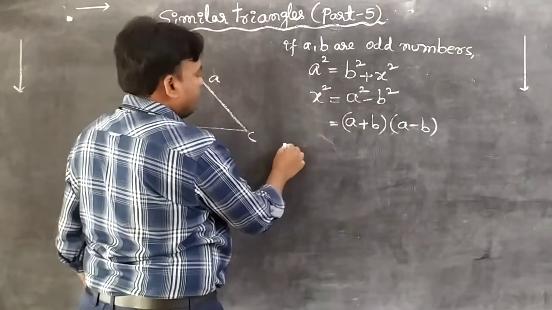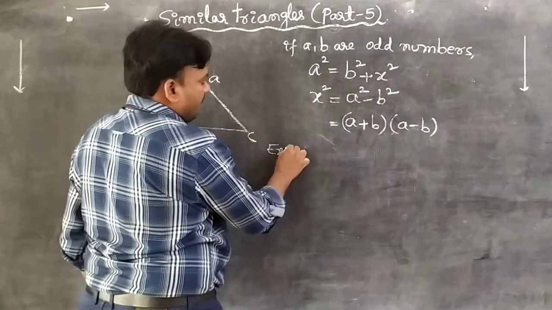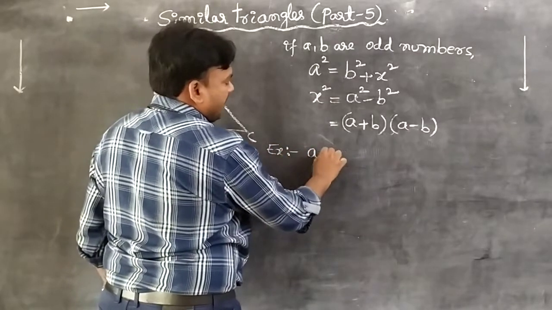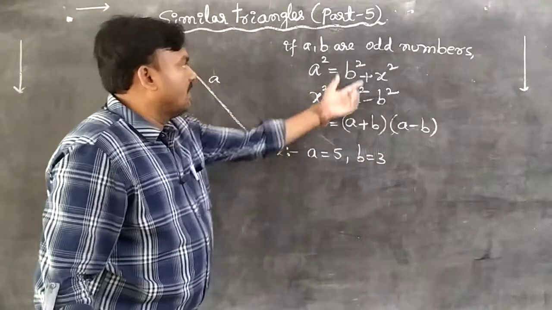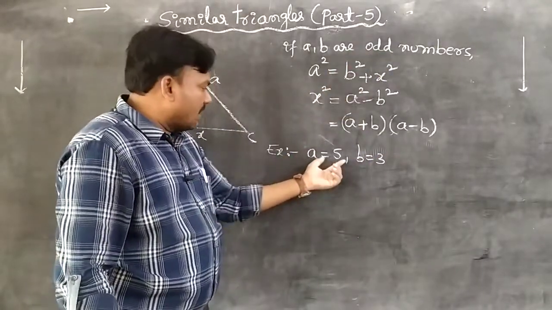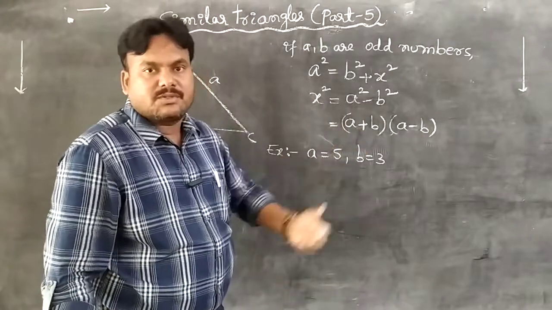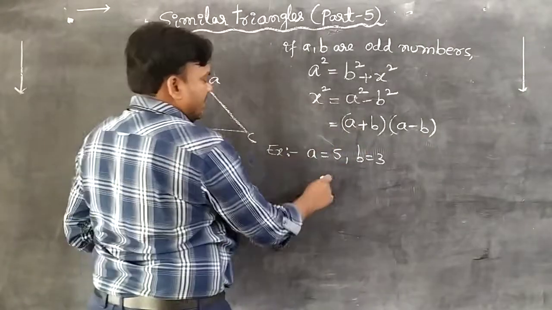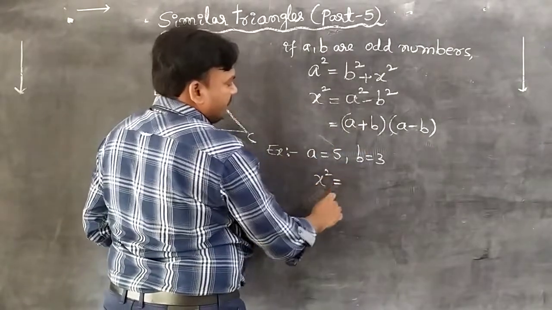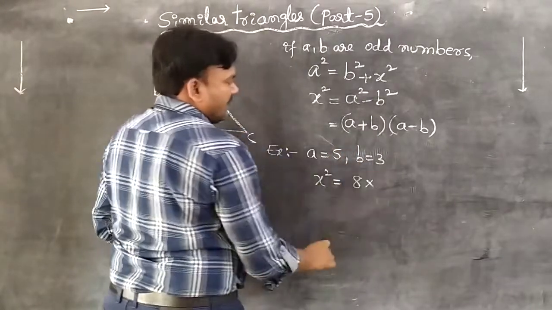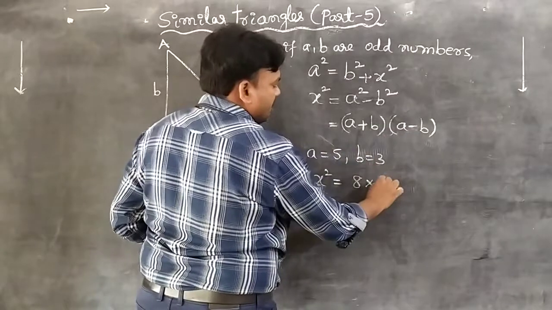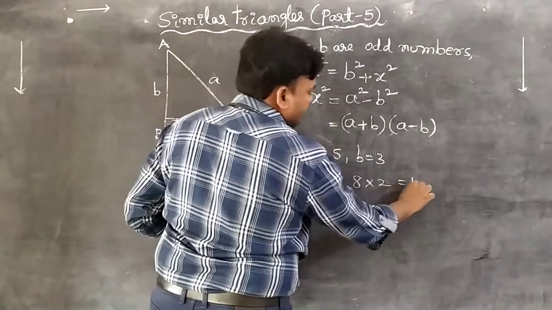Yes, observe here. Let us take one example. Here, A equal to 5 and B equal to 3 taken. Why? Because A comma B are odd numbers. You can take any values, not only these. Then substitute. Therefore, X square equals A plus B, that is 5 plus 3, it becomes 8, and 5 minus 3, it becomes 2. 8 twos are 16.